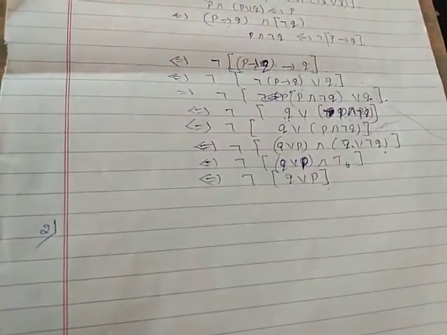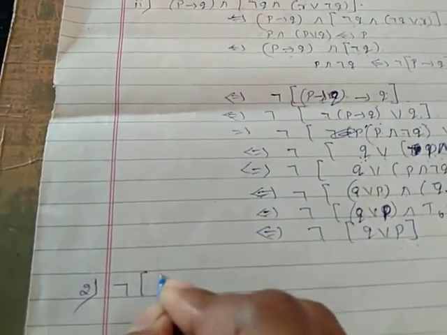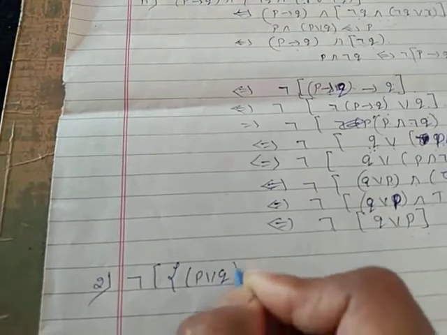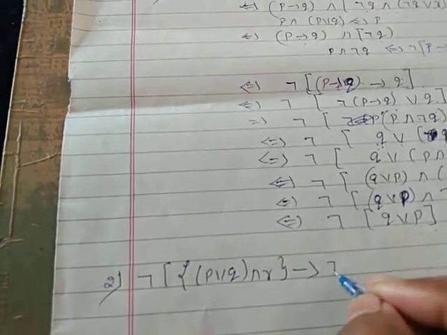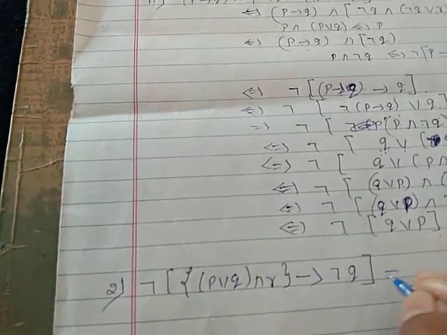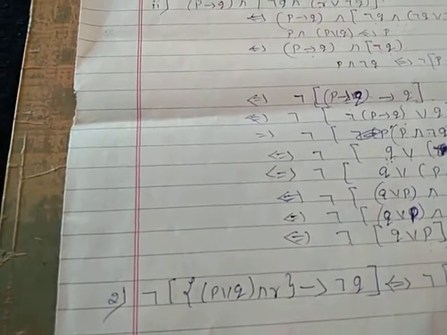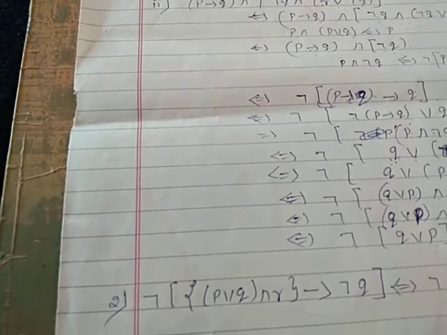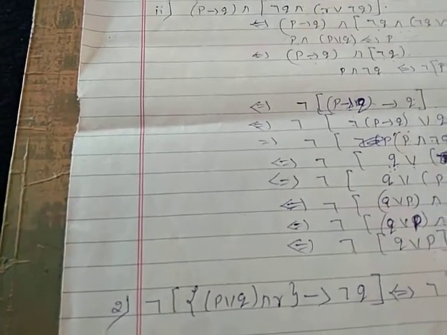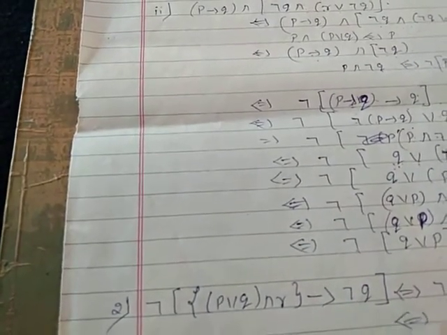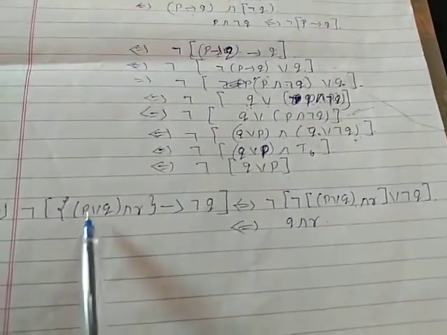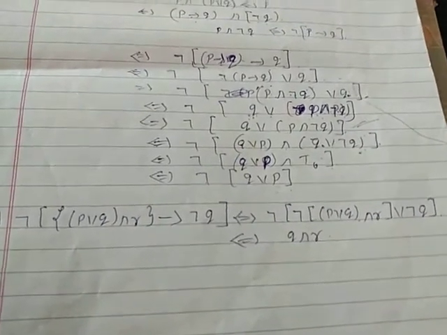Consider the next one. Prove the following proposition, that is negation of ((P or Q) and R) implies negation of Q is equivalent to double negation of ((P or Q) and (R or negation of Q)) and also equivalent to Q and R. Using the laws of logic, prove the following logical equivalence.